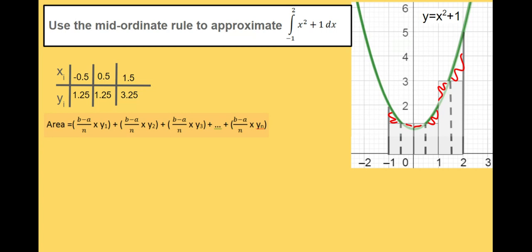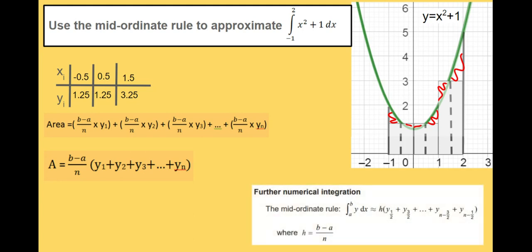We can simplify the formula for area though by taking out a factor of the width. It means the area is simply the width times the sum of the heights, the sum of the y ordinates. This is a formula that you get in the formula booklet. This is what it looks like in the formula booklet.